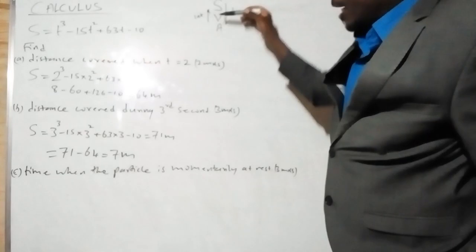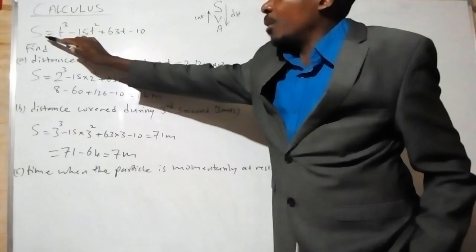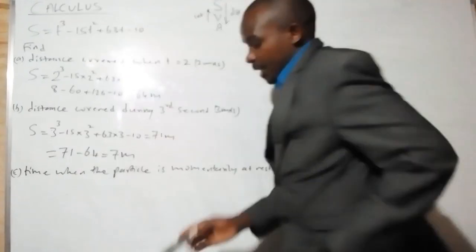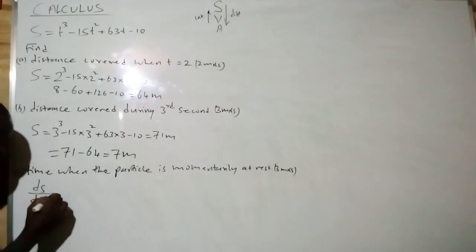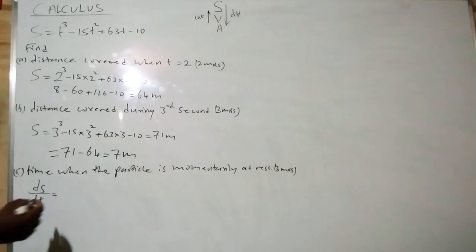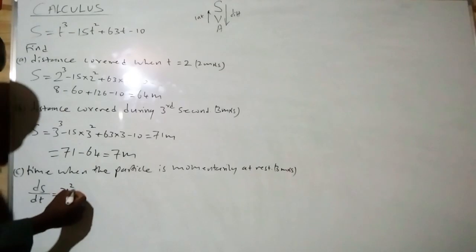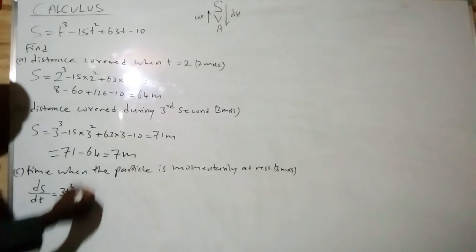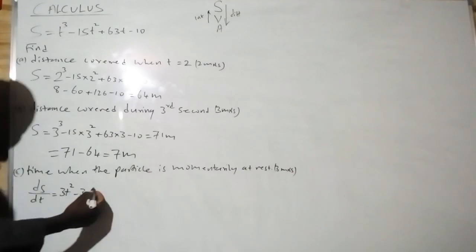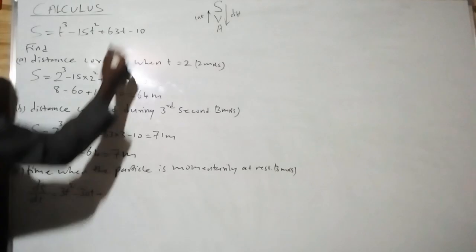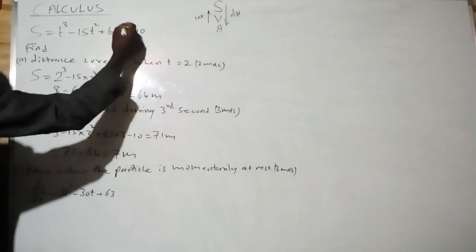We differentiate this equation with respect to t, and say ds over dt is equal to 3t squared, minus 30t, plus 63, and the constant 10 becomes 0. This is the equation for v.